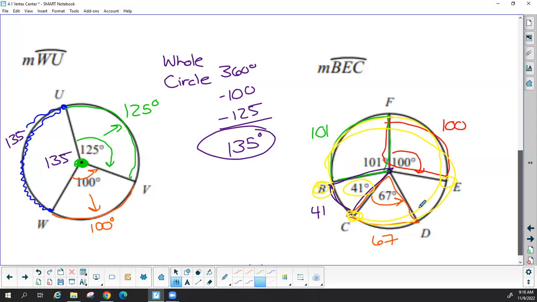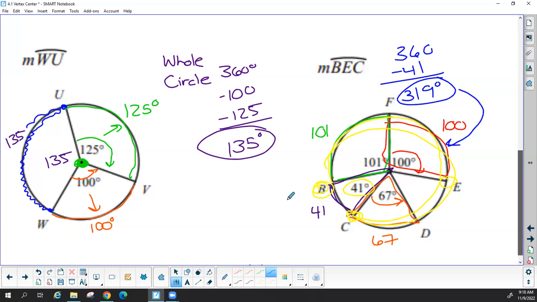So my yellow arc is my whole circle minus this purple piece. So I'm going to say 360 minus 41 gives me 319 degrees. So my yellow arc is 319 degrees. I found that answer just by starting to put things onto the picture that I know because of central angles and some of the stuff that was already labeled.